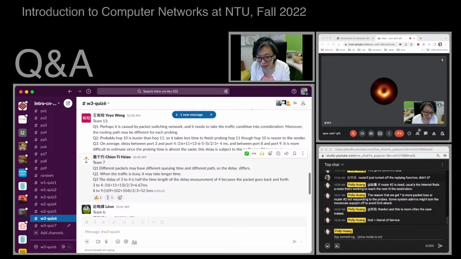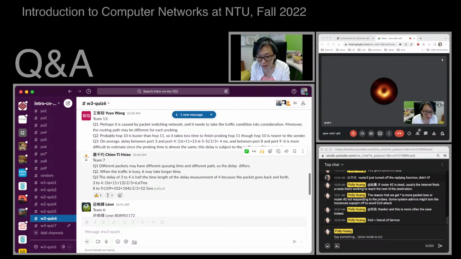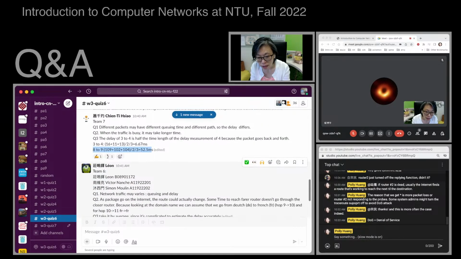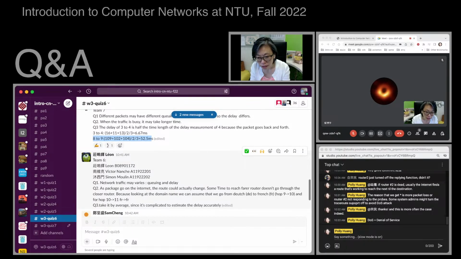Okay, team 7, hop 3 to hop 4. Oh, okay, without subtracting the delays to the earlier hops. But I think this is more the one-way delay to hop 4, isn't it? Yeah, I think similarly, this is more the one-way delay to hop 9 as well. Okay, think about it. Take the average.